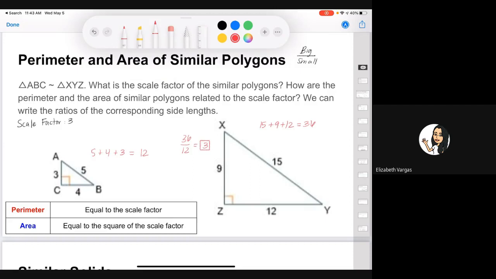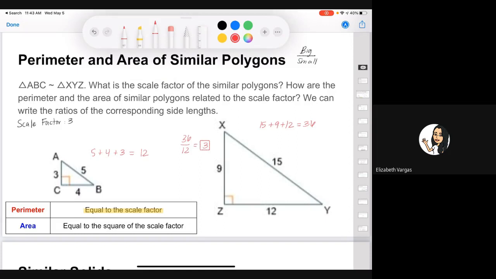Well, what I can determine from that is whenever I change the dimensions of my sides, my perimeter ratio is going to be equal to my scale factor. That's what this is telling me right here. My scale factor was 3, and my perimeter changes by a scale factor of 3 as well.